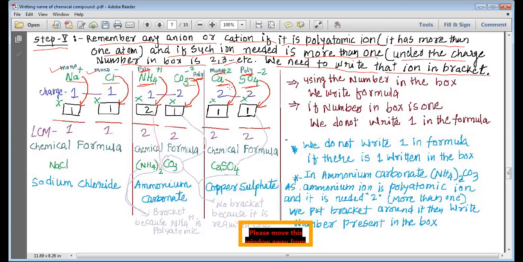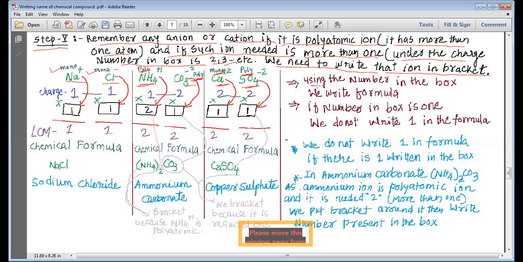But though they are polyatomic ions, sulfate ion is needed in one amount, carbonate ion is also needed in one amount, but ammonium ion is needed in two numbers. So we need to put the bracket around the ammonium ion, and then we need to write this 2 here.